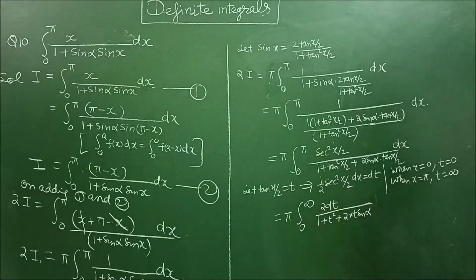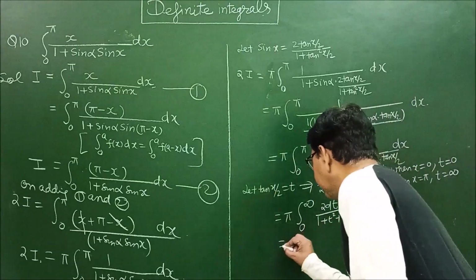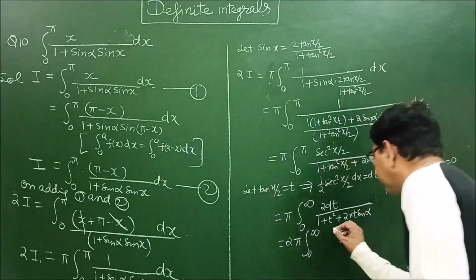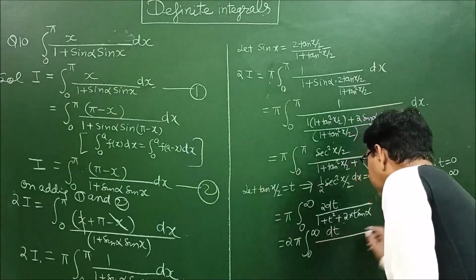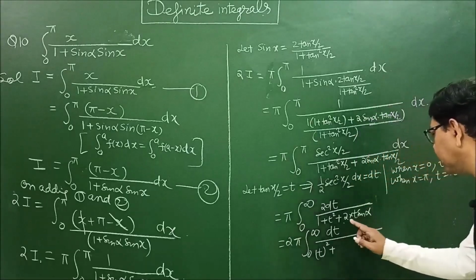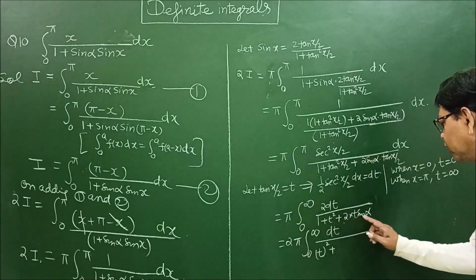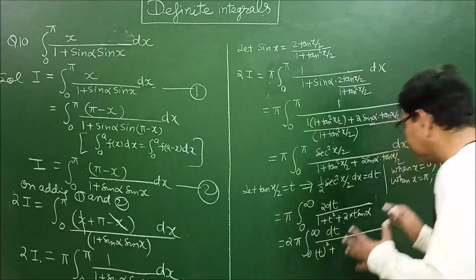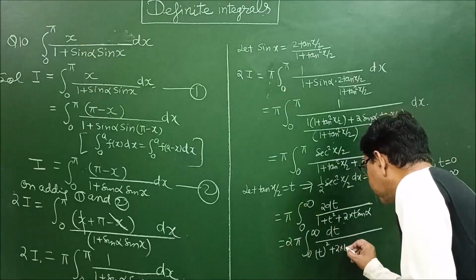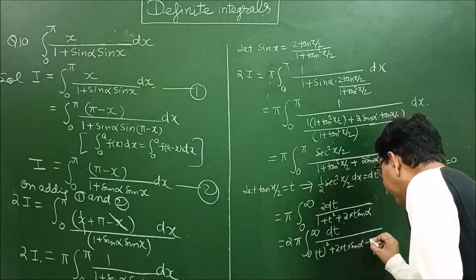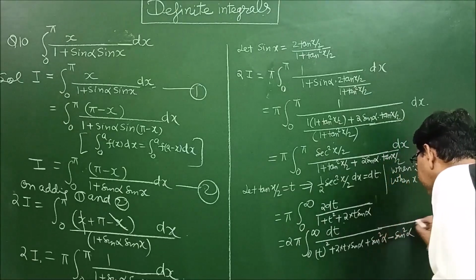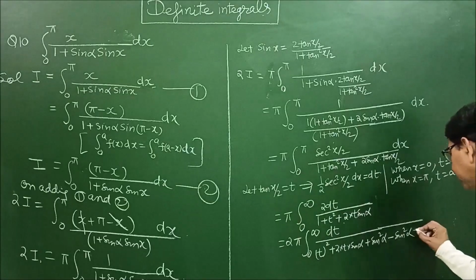Now 2 is a constant, so it can be taken out, integral 0 to infinite, and here in the denominator we can make a perfect square. So t square plus 2ab, that is 2 into t into sin alpha. To make it a perfect square we must add the square of sin alpha, so adding sin square alpha and subtracting sin square alpha, and then plus 1.